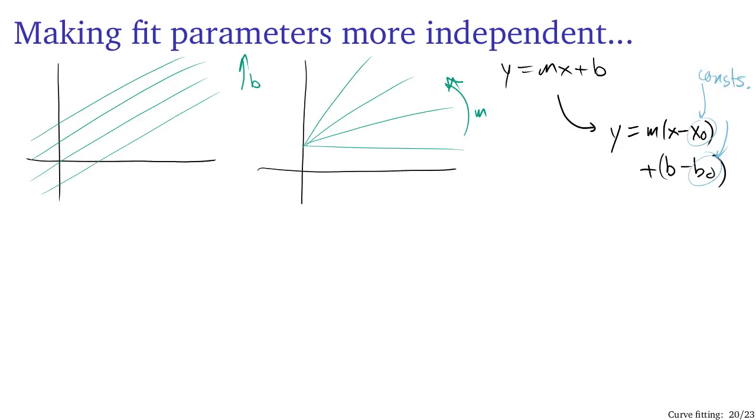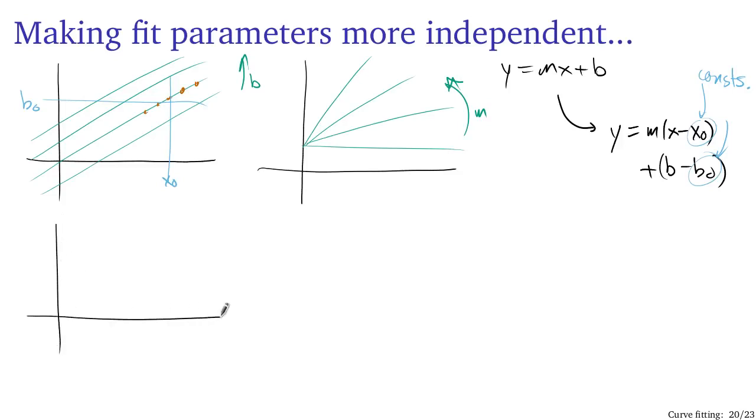They're something that I am going to set. And I'm going to set them such that they're more or less at the center of the data set. For instance, if I'm trying to fit a data set off here, if I choose this as my x naught value and this as my b naught value, my characteristic height and characteristic horizontal position of the data set, what I will get under these circumstances is a line.